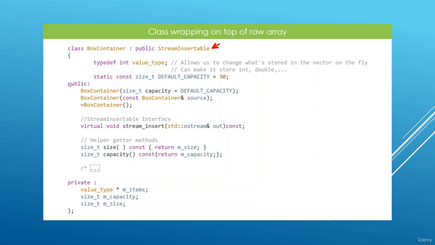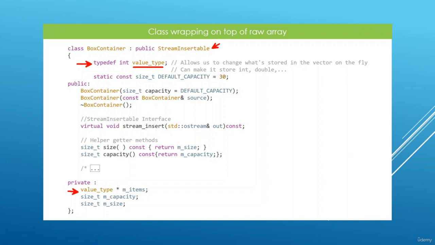One thing I want you to notice is that because we want the ability to change the type that we store in this collection on the fly, we are going to be using a type alias for the type that we are storing in here. And we are going to be using this alias in our code. So this is going to be the thing we use in our member variables or member functions.